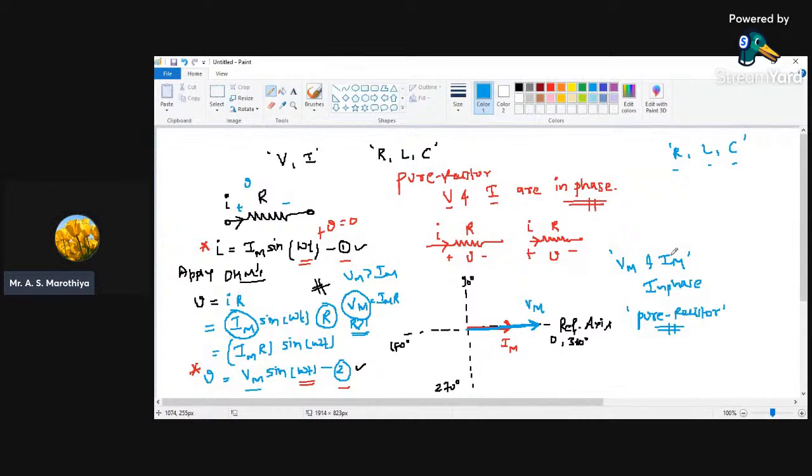In the same way, if you try to pass a current through a resistor, the very same moment we are going to experience a voltage across that particular resistor. Hence, if you try to draw the phasor for pure resistor, the voltage and the current are exactly coinciding with each other, because the value of theta, or the phase difference, in this case is going to be 0 degree. This is very important.